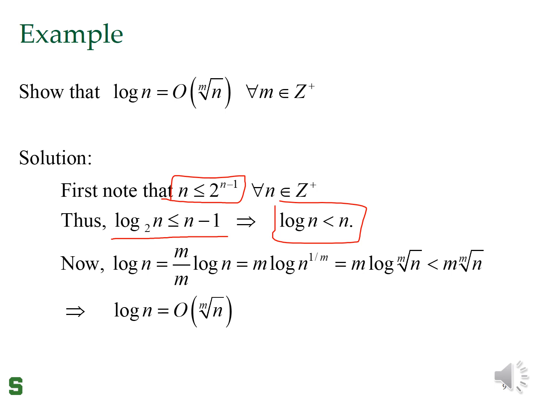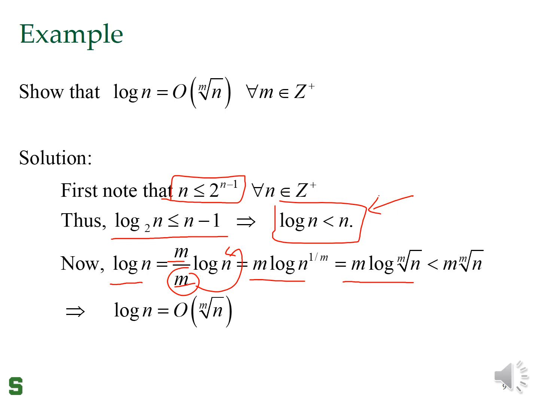Now we are going to play with this and do some standard arithmetic and use the properties of log. So log n, I can multiply by m and divide by m, so it's still equal to log n. Now I'm going to take one of the m's and take it inside. That will give me m times log of n to the power 1 divided by m, which is m log of the mth root of n.